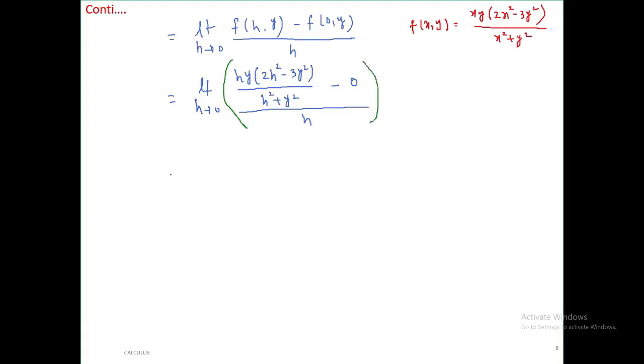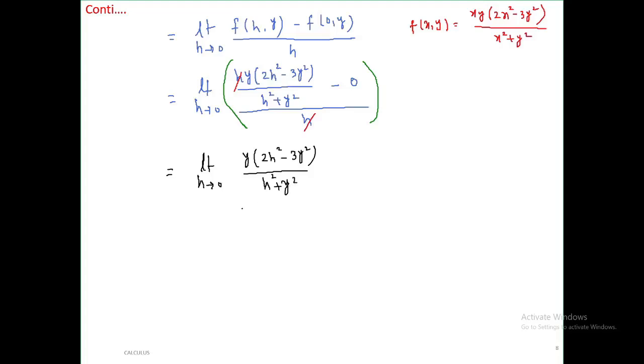Now let us apply the limit. So limit h becomes small, and as h tends to 0, simplify this. So limit h tends to 0, h is reaching to 0. Look at this h and this h will cancel out. So finally what will remain here? y into 2 times h square minus 3 times y square upon h square plus y square.